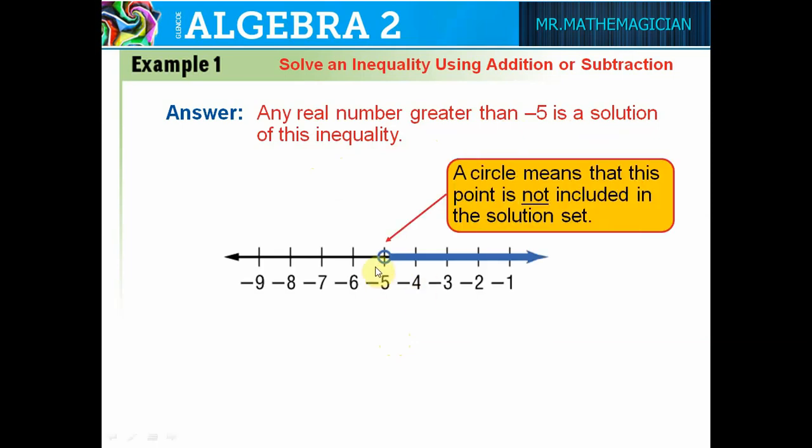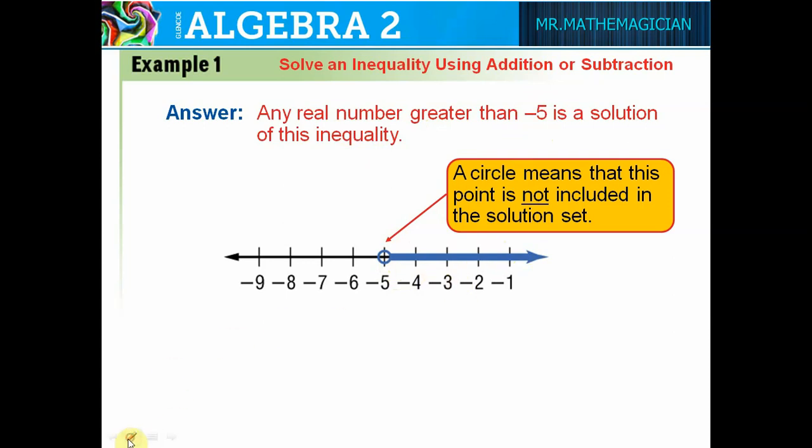Now let's graph. We make a circle, which means this point is not included in the solution set. It's an open circle, not a shaded circle, because we need any real number greater than negative 5, but not negative 5 itself. And since it's bigger than, we make an arrow to the right and shade, so this will be the graph.